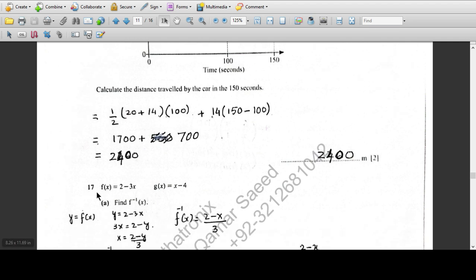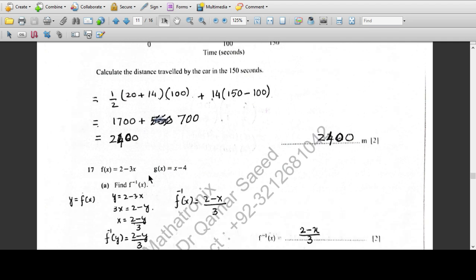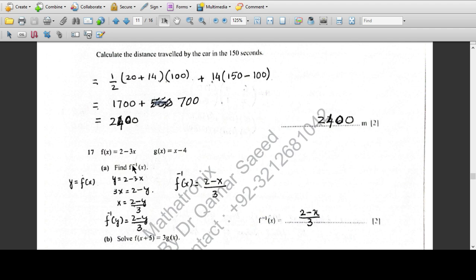Now question number 17: f of x is given as 2 minus 3x and g of x is given as x minus 4. Find f inverse x. Let f of x equal y, so y is equal to 2 minus 3x. Rearranging the variables, 3x is equal to 2 minus y, so x is equal to (2 minus y) divided by 3.